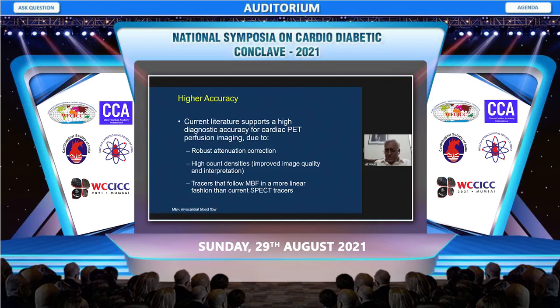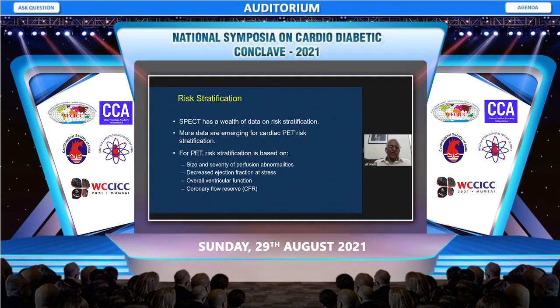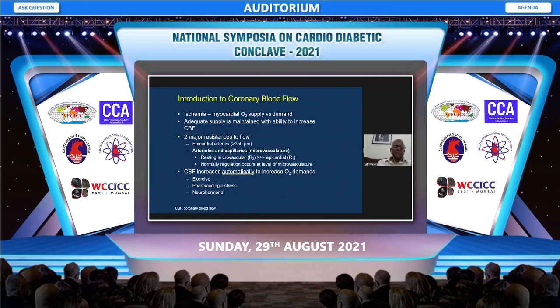So technologically, the PET isotopes are better for this purpose of measuring the blood flow or blood flow reserve, which we need in the context of diabetes. So for risk stratification, as Dr. Prabhu said, with SPECT a lot of data has been done, but herein we are adding on the CFR, the coronary flow reserve, and that comes by the PET. So we are adding something here with the PET technology.